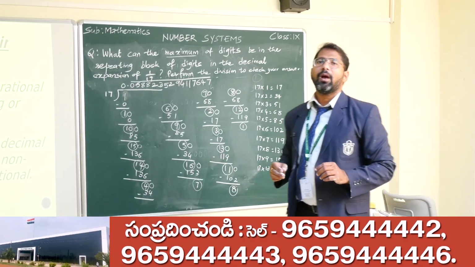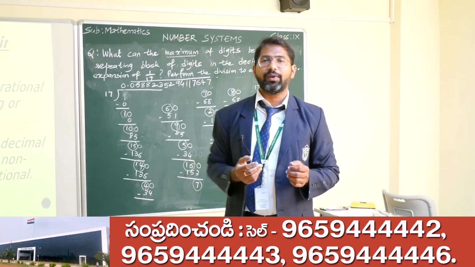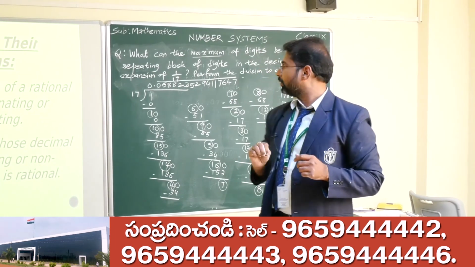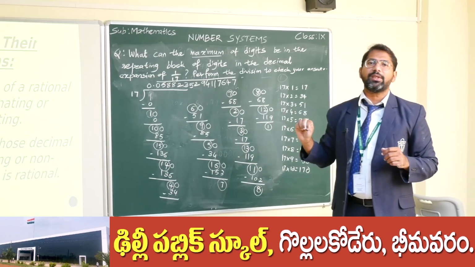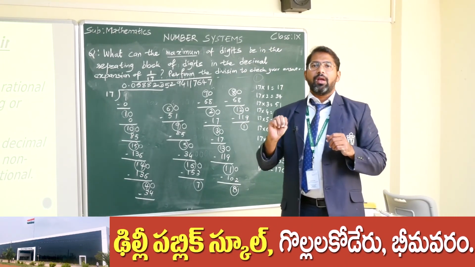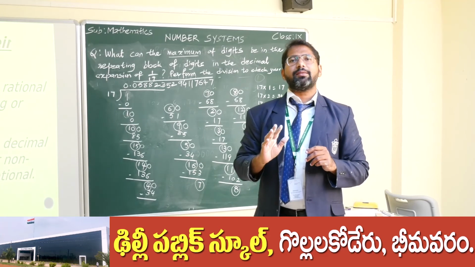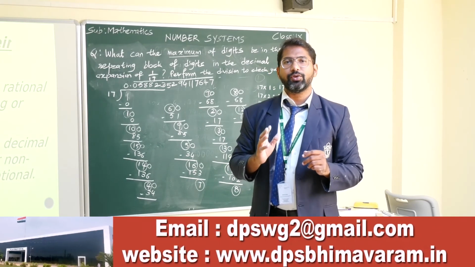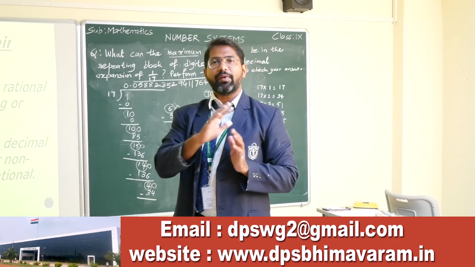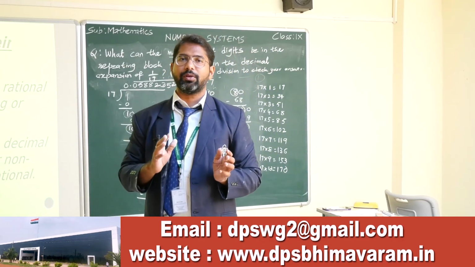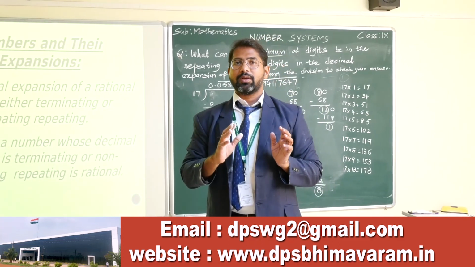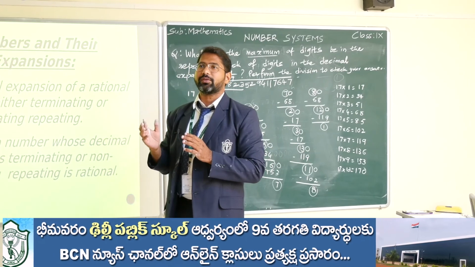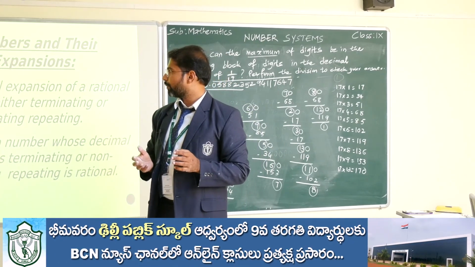Now let us revise what we have learned in today's class. Today we have seen the real numbers and their decimal expansions. As you know, real numbers are divided into rational and irrational. Rational numbers can be written in P by Q form, and irrationals cannot be written in P by Q form.